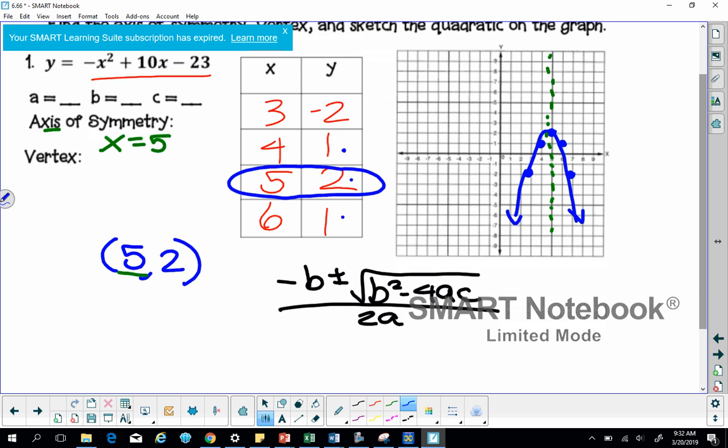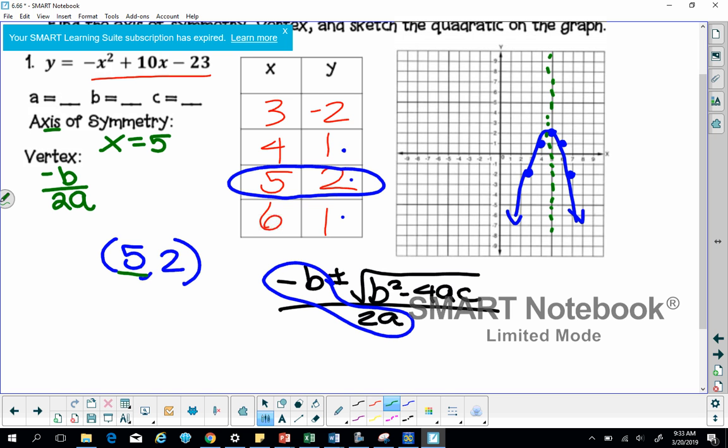They'll give you the whole formula on the formula sheet, but you need to know that this part right here is how you get your vertex and axis of symmetry. You may want to write down that equation because we don't give it to you: -b over 2a gives you your axis of symmetry.